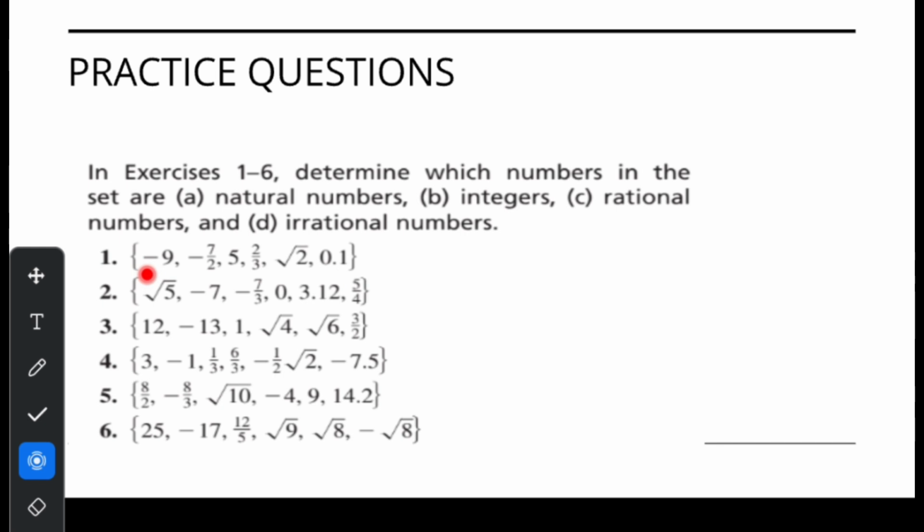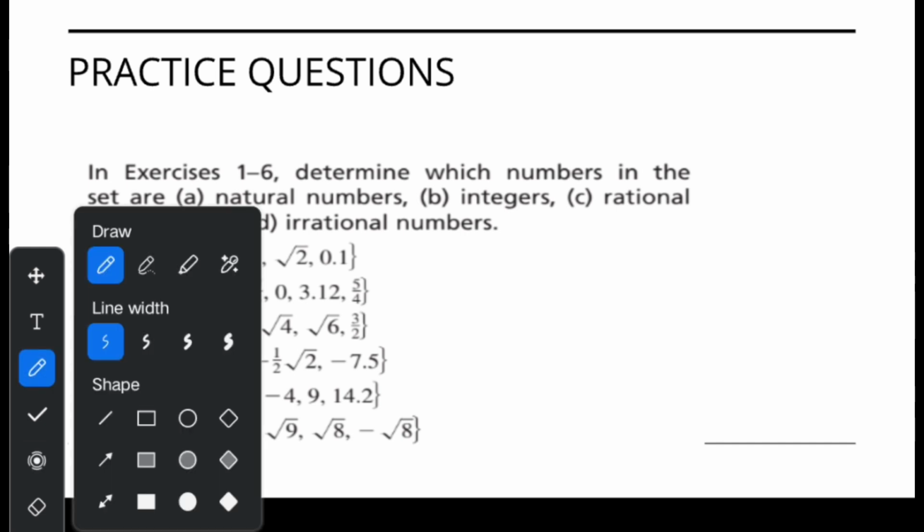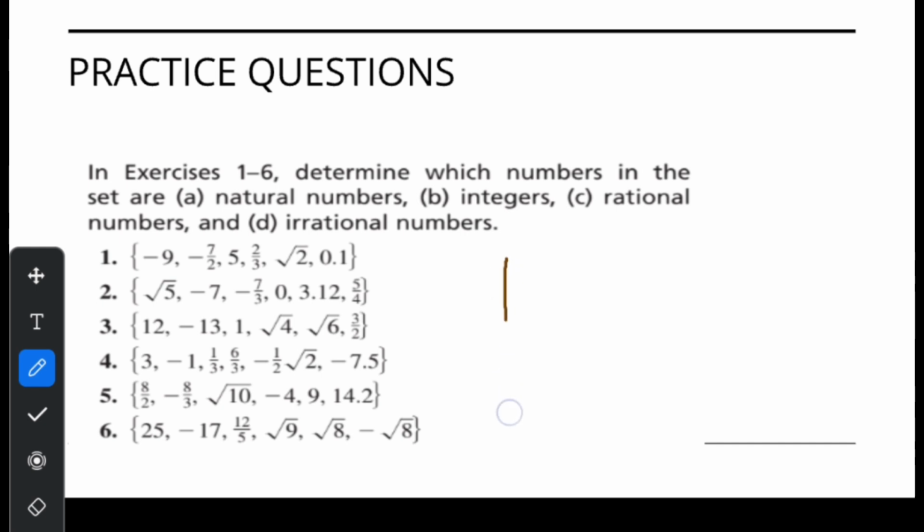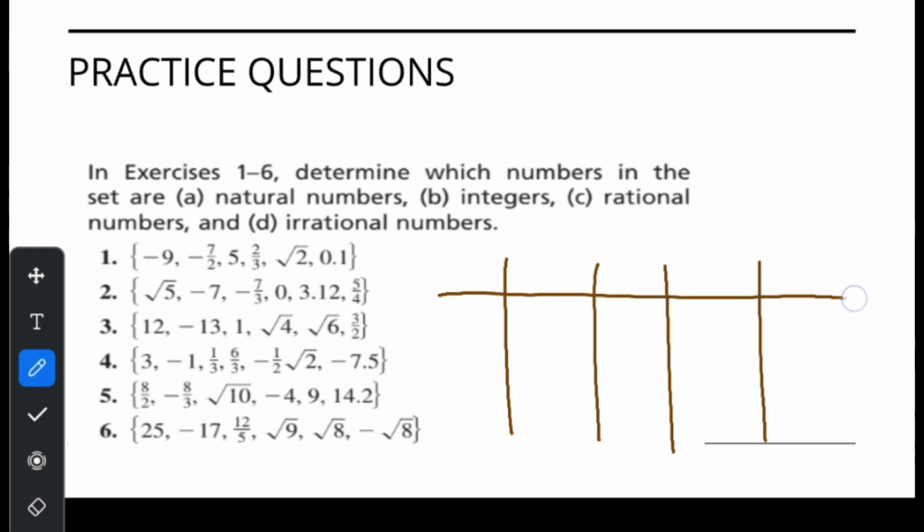But before we start categorizing them as mentioned in the question, it would be better if we draw columns so that it's well understood. Let us draw 4 columns first and name them. Natural numbers are denoted by N, integers are denoted by Z, rational numbers are denoted by Q, and irrational numbers are denoted by Q prime.